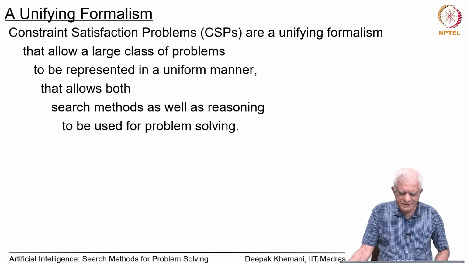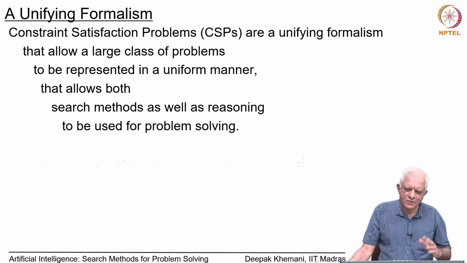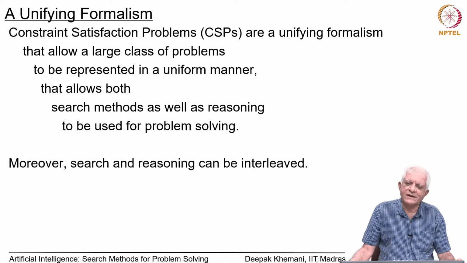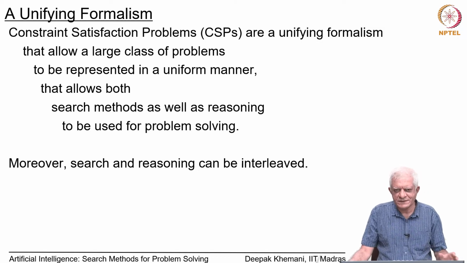In some sense it unifies the two approaches that we have been looking at. What is really interesting about working with CSPs is that you can interleave search and reasoning, doing search at some point and reasoning at a different point. We will see one algorithm which combines search with reasoning, and we will see search and reasoning independently as well for the same kind of problem.